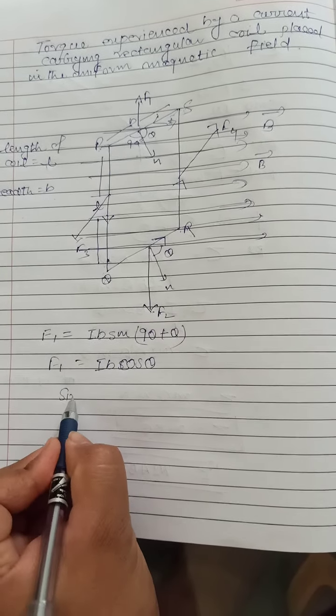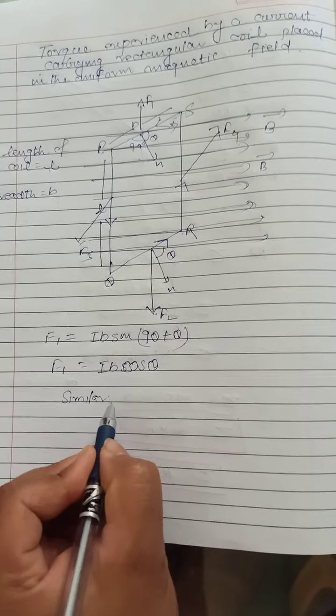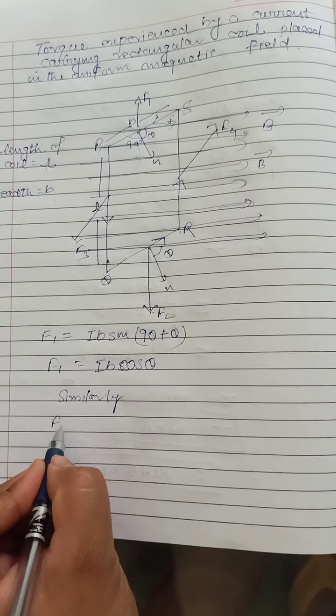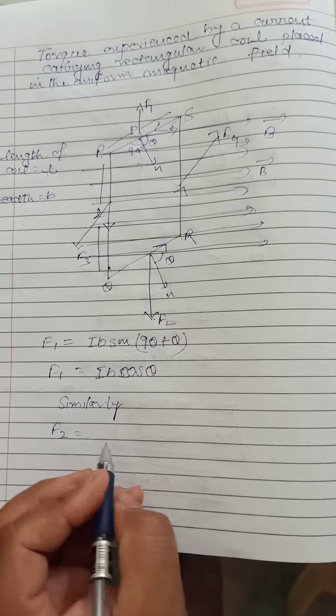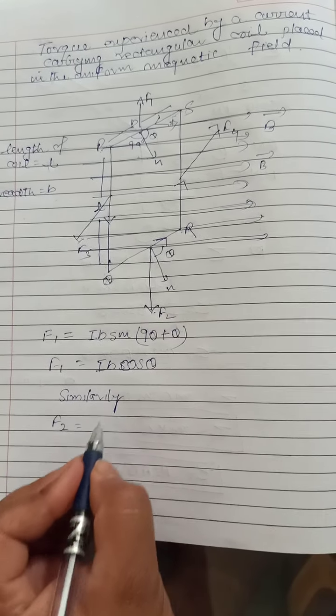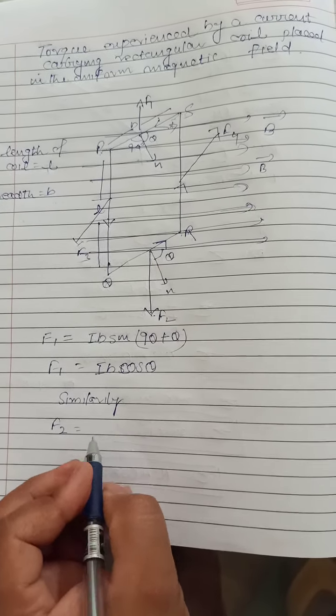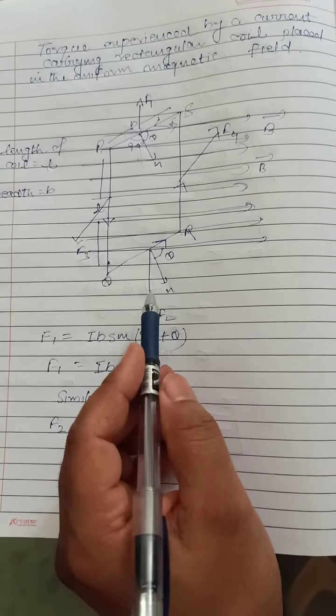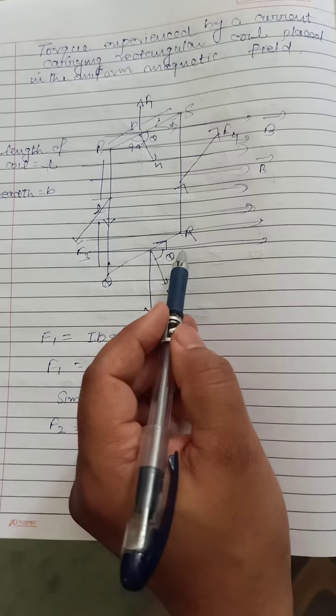Similarly, what is F2? This is the force acting between this QR element and the magnetic field.